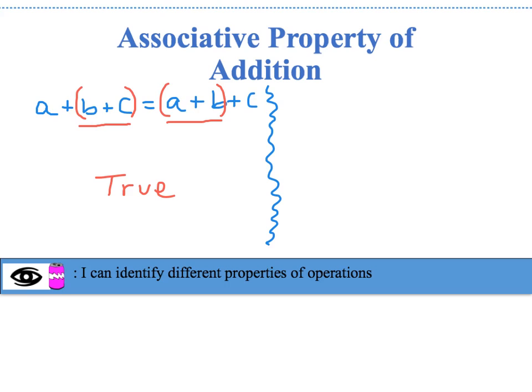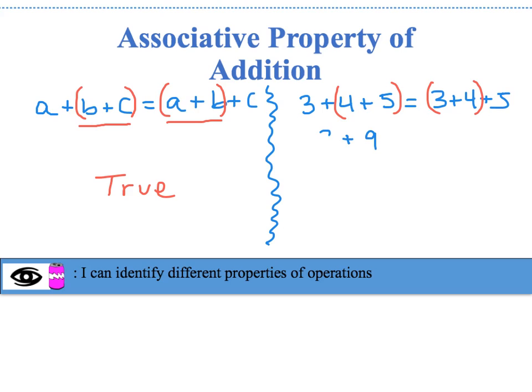So let's use numbers to try and solve this. I can say 3 plus 4 plus 5 is equal to 3 plus 4 plus 5. The only difference is on the left-hand side, 4 and 5 are friends, and on the right side, 3 and 4 are friends. So let's solve this to see if we get the same answer. I'm going to do my parentheses first. So 4 plus 5 is 9.